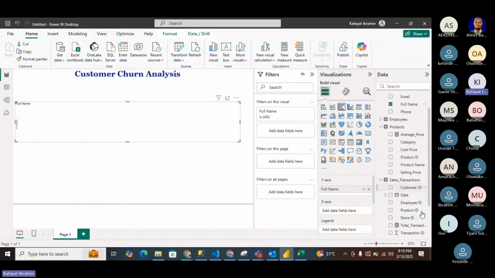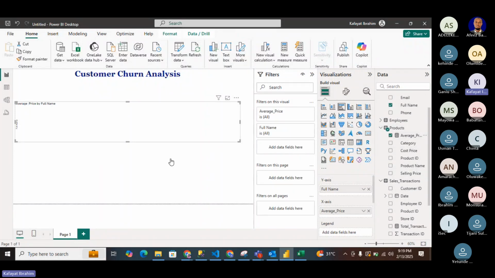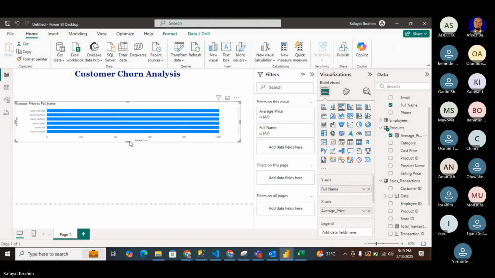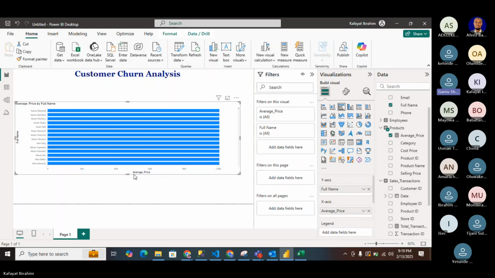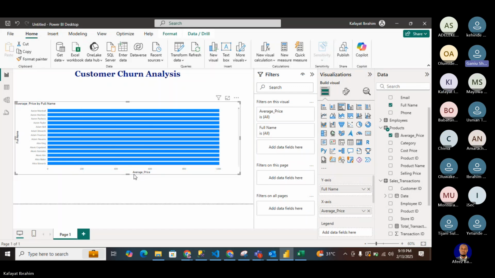Then the average price should be my x-axis. What is this? Why are we having this? Okay. Cost price, selling price. This should be multiplied by the units sold. Oh, voila.